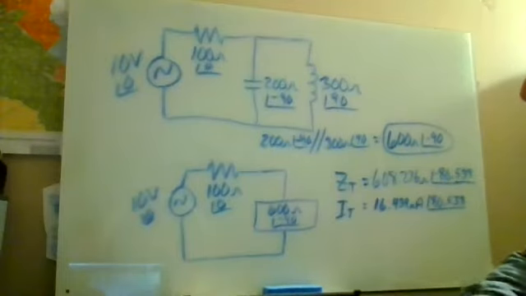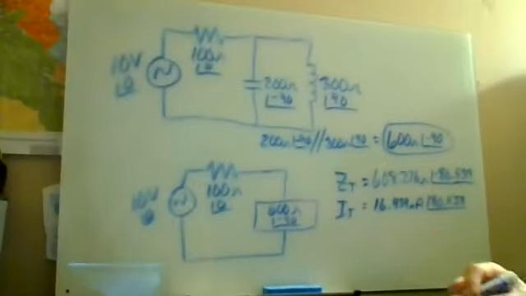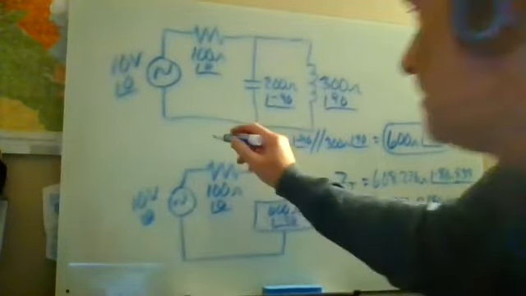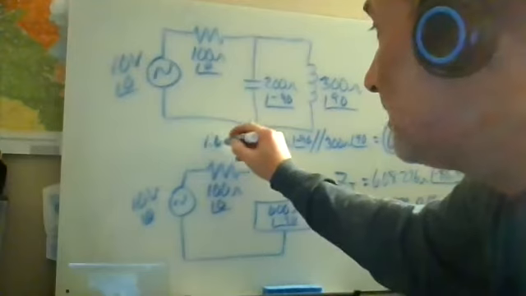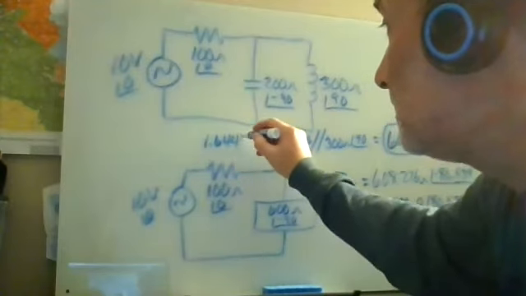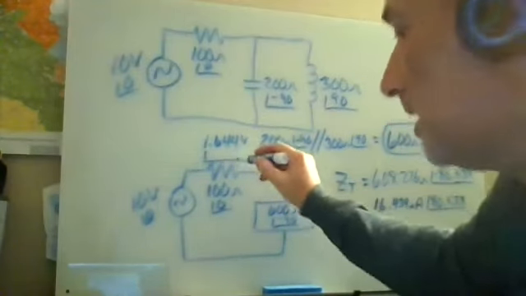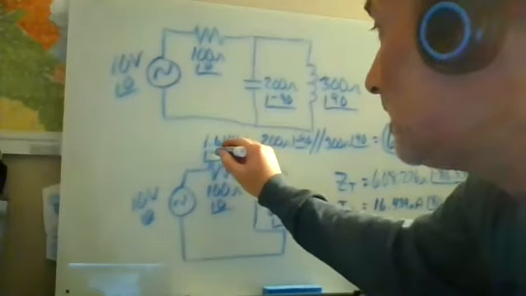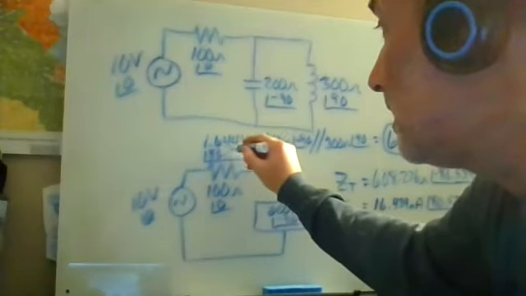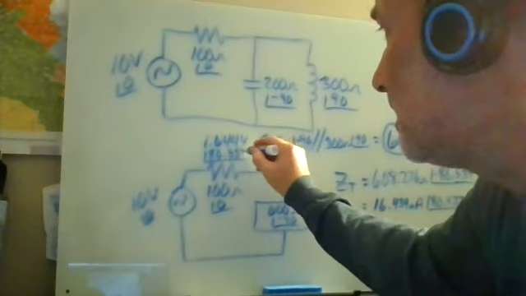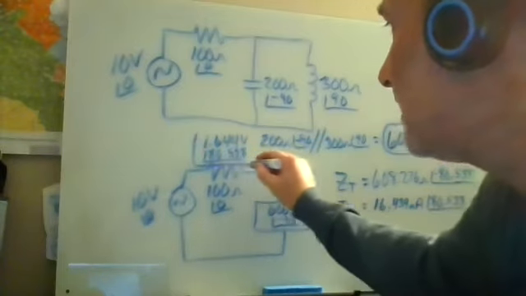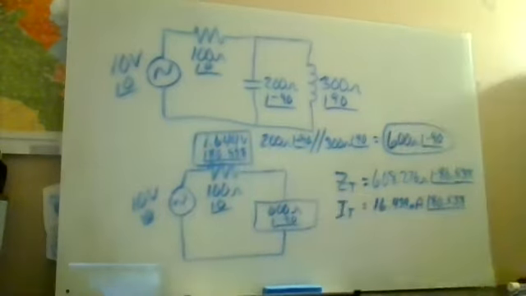So for 100 ohms, I got 1.644 volts with an angle of 80.537, or 538.